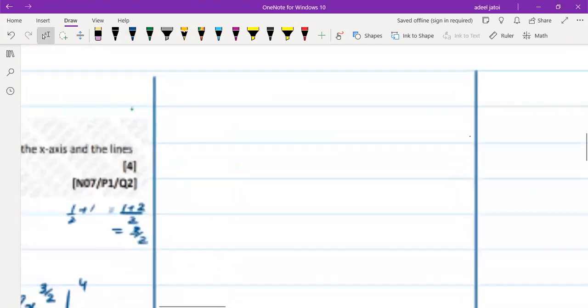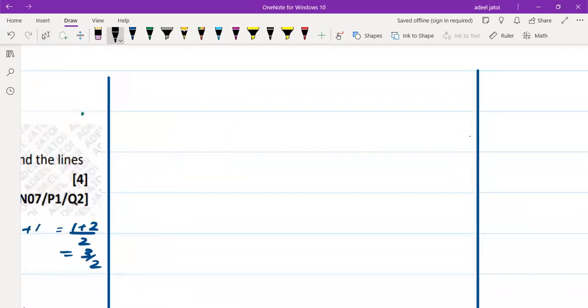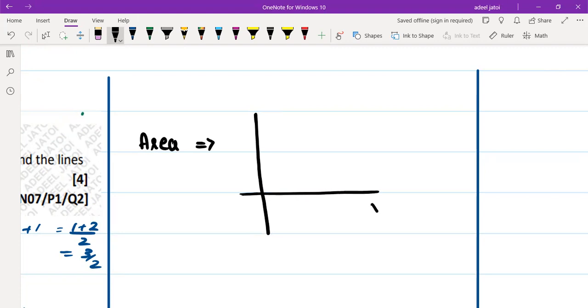Okay. Now, sometimes in the question, what you need to understand is the area will be given with x and y.